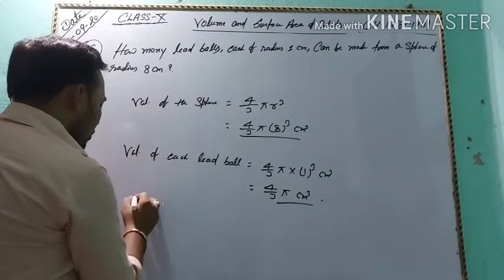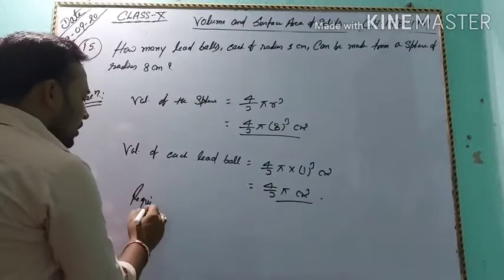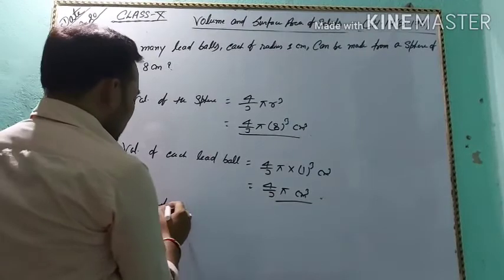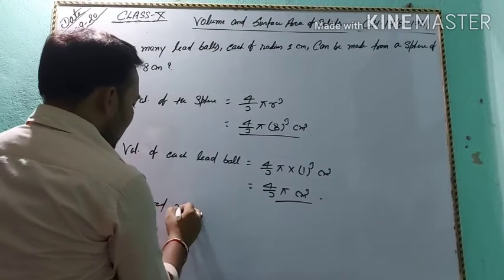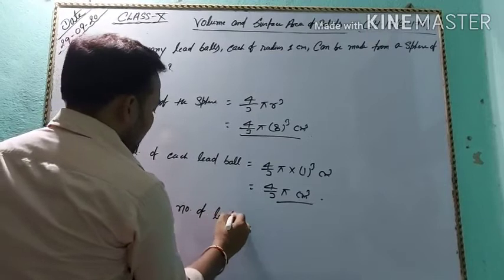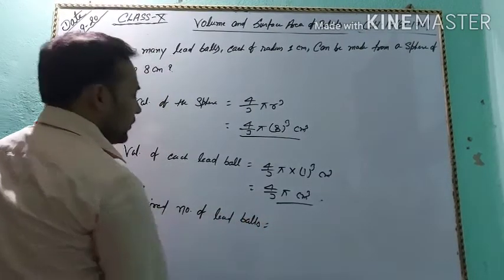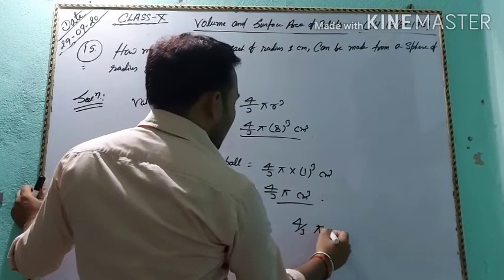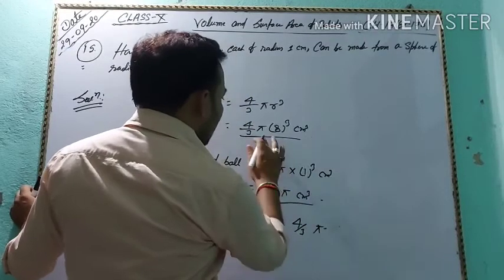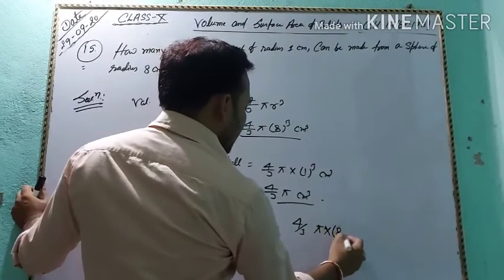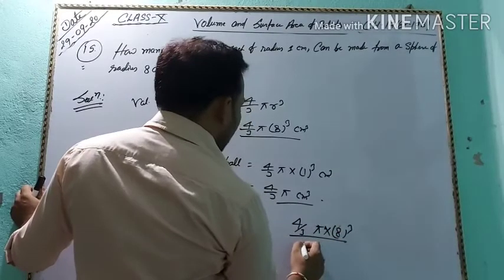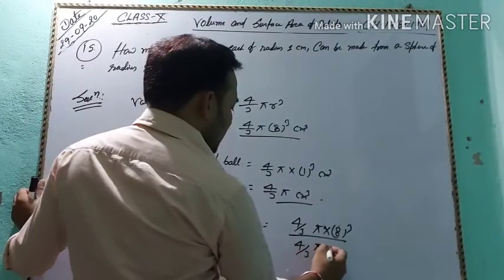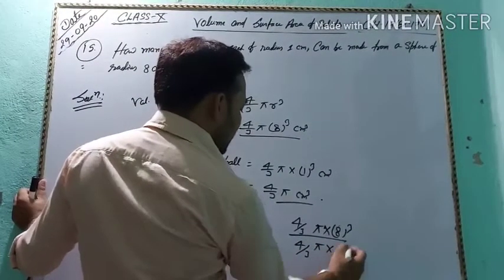So the required number of lead balls is equal to the volume of the sphere, that is 4/3 pi r cube, that is 4/3 pi and 8 whole cube, divided by the volume of each lead ball, 4/3 pi cubic centimeter.